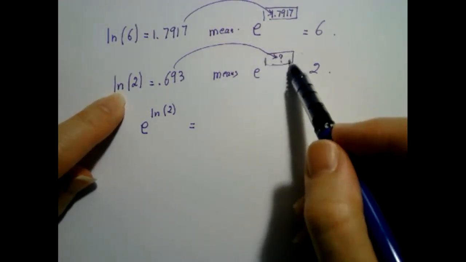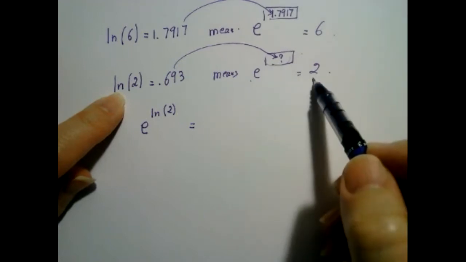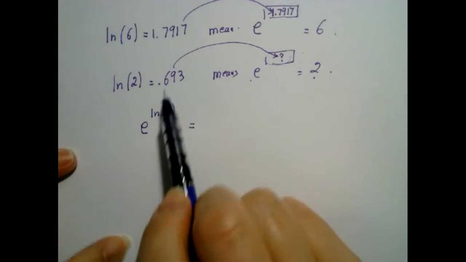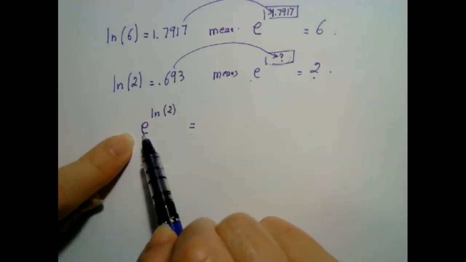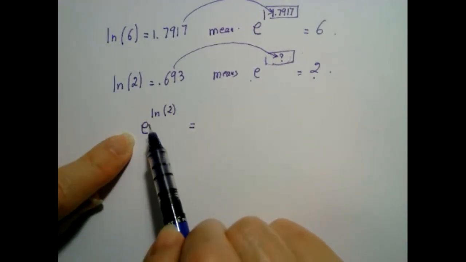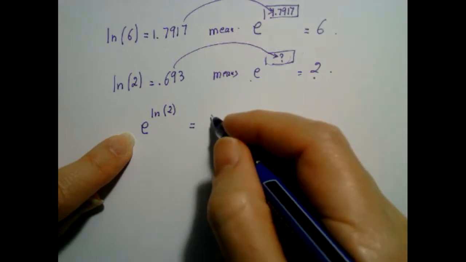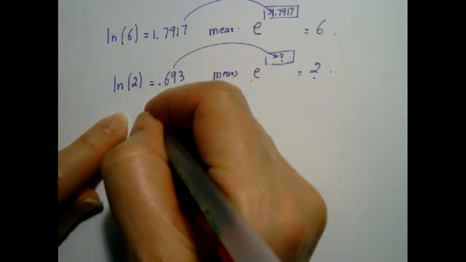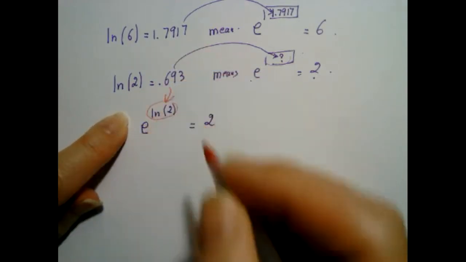It's the power of e that gives me 2 back. ln of 2 is 0.69, I agree. But if I take e to that power, what should I get back? I get 2 back. So that's what the ln of 2 is, 0.693.